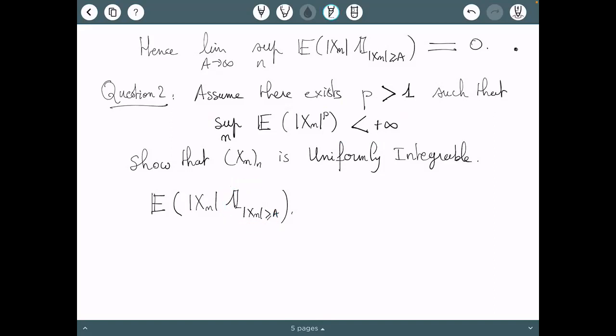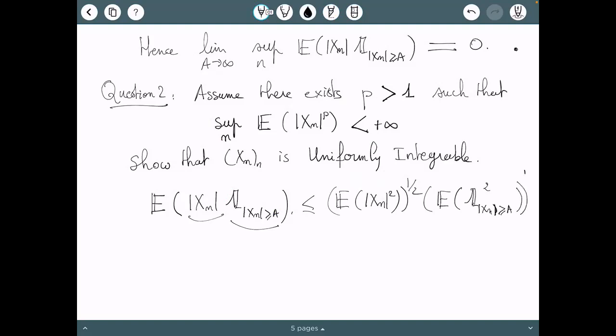If I wanted to use Cauchy-Schwarz, what it will tell me is that I have the product of this random variable with this random variable. So I could say by Cauchy-Schwarz that it is less or equal to the expectation of Xn square to the power 1/2, times the expectation of the indicator function of Xn bigger than a, squared, but that doesn't change anything because it is just 1 or 0, to the power 1/2.